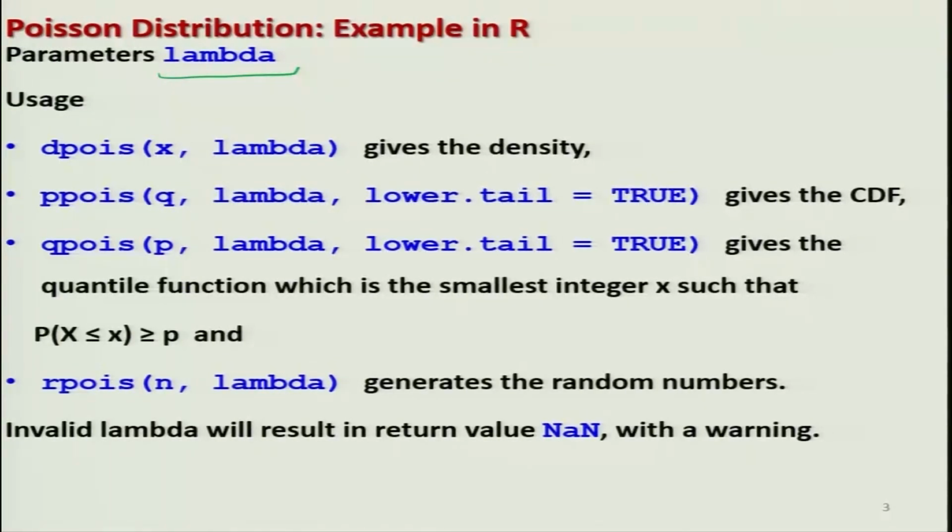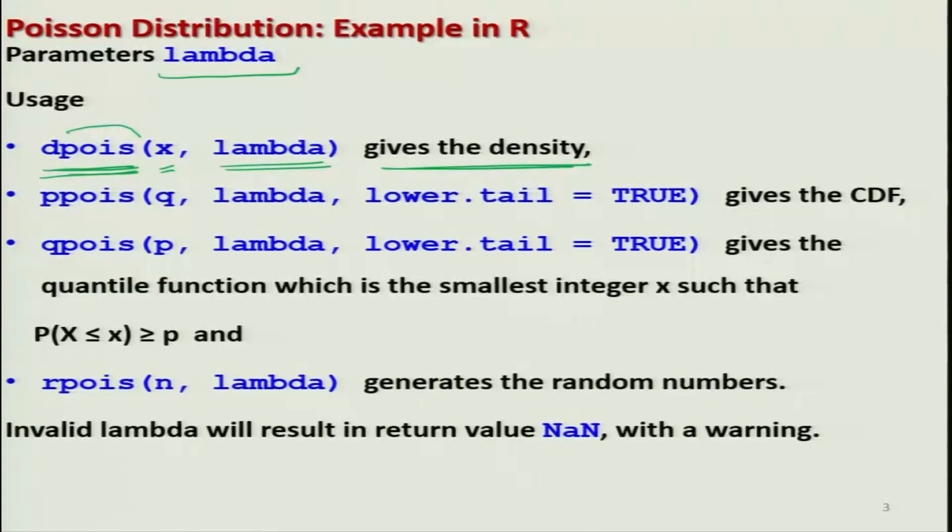There is a command dpois, where POIS comes from Poisson and D means density. This command dpois gives the density, and is written with x inside the parenthesis and then the value of the parameter lambda.